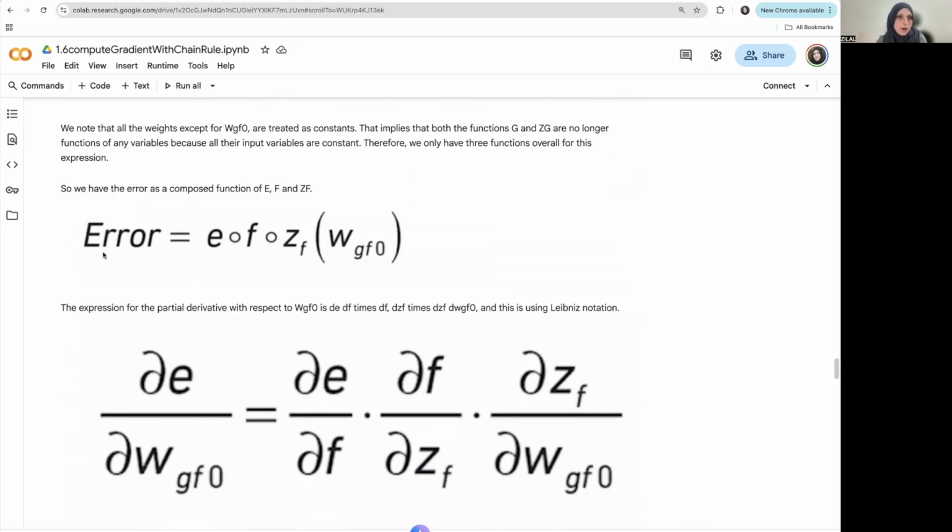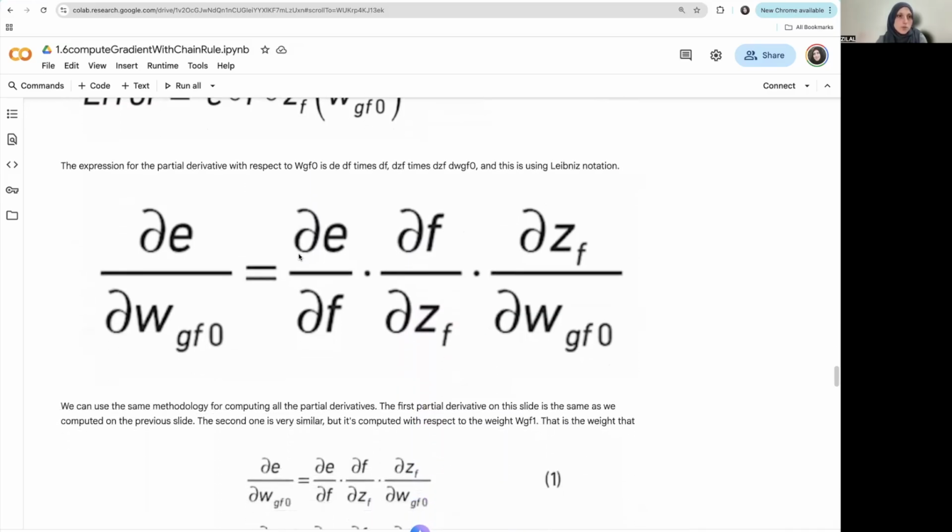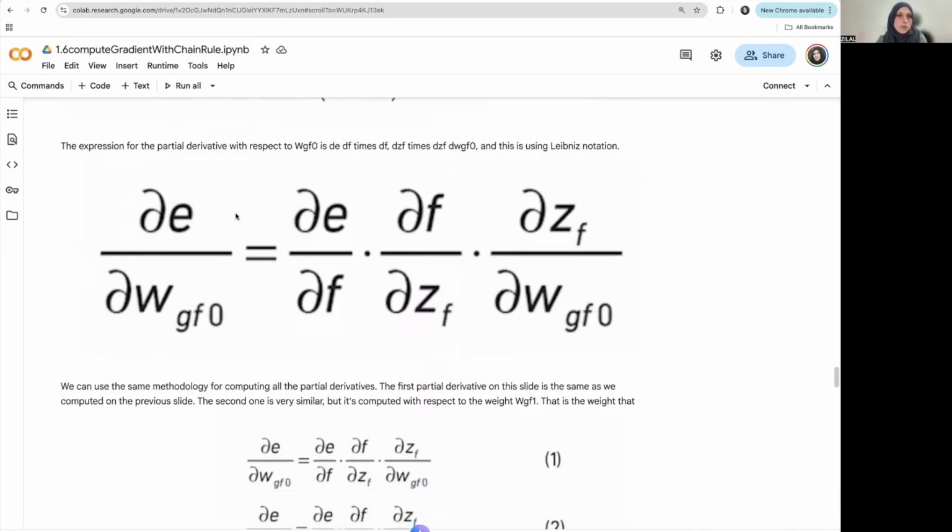So we have the error as a composed function of e, f, and zf. The expression for the partial derivative with respect to WGF0 is dE/dF times dF/dzf times dzf/dWGF0. This is using Leibniz notation.